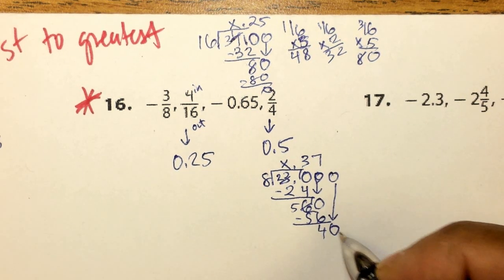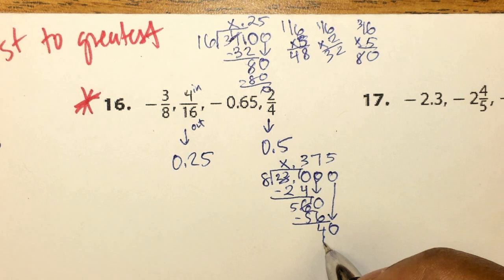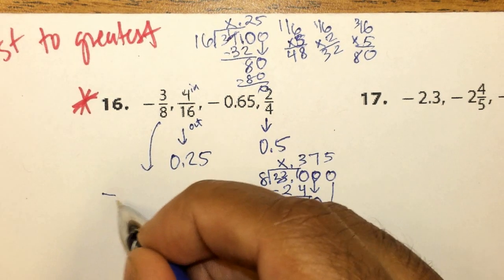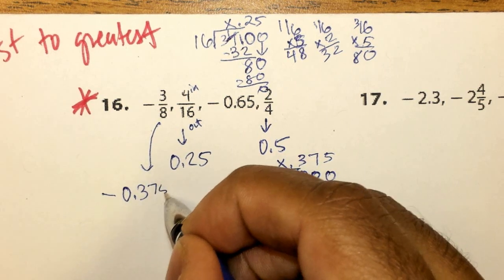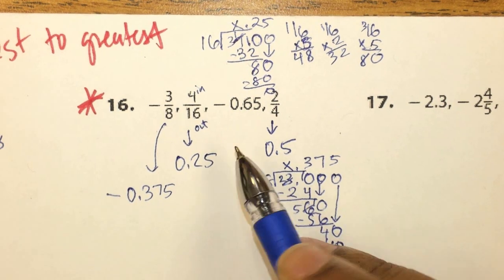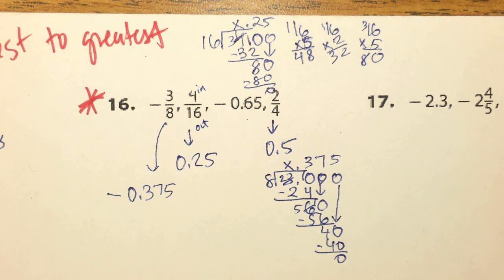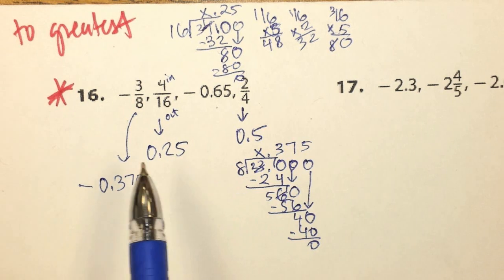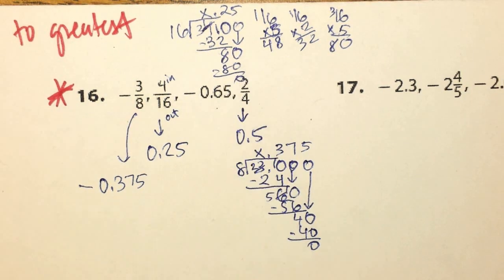Bring down your 0. 8 times 5 gets us to 40. So it's negative 0 and 375 thousandths. Then I got my negative 65 hundredths. Now I went through that kind of quick because we're just reviewing. But if you need to, watch the video at home on Schoology and go through it again step by step. So first thing I did is I converted all my fractions into decimals.